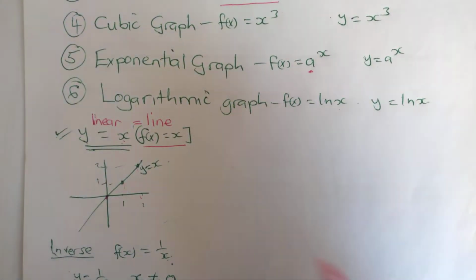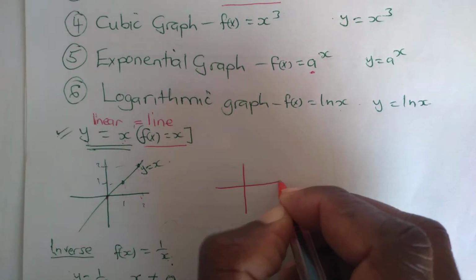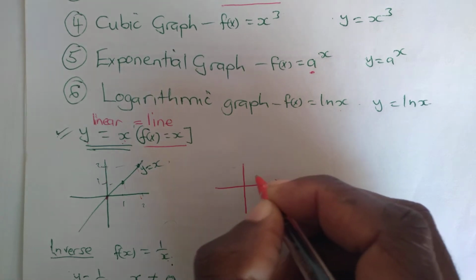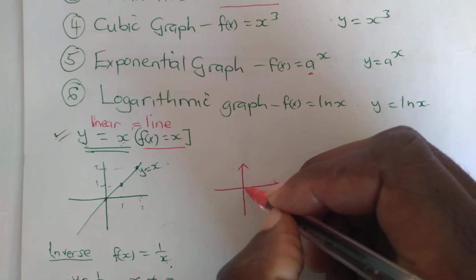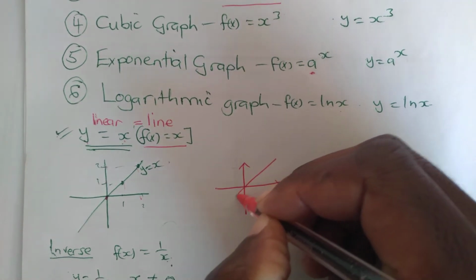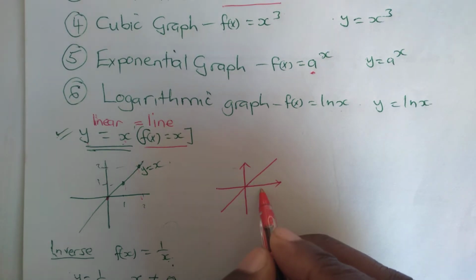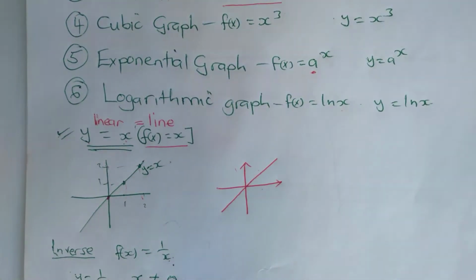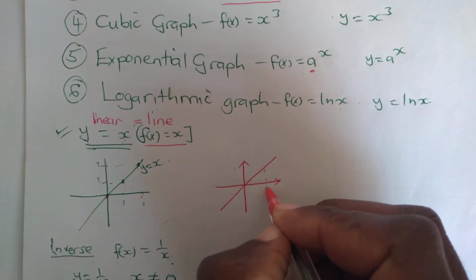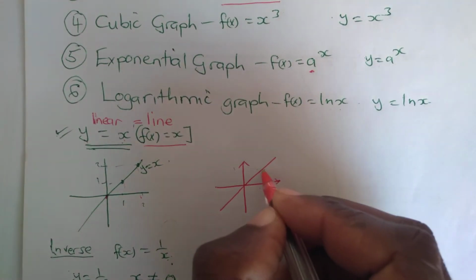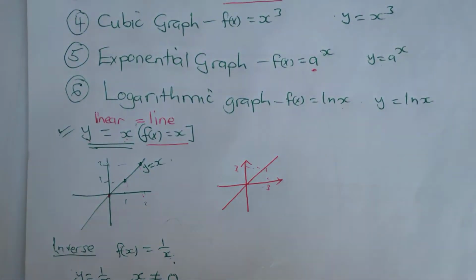When you're sketching the function y equals x, this is your x-axis, your y-axis, and then your graph is just a straight line with the same coordinate for x and for y. That is your graph. Whatever value of x here, you also get the value of y on the y-axis.